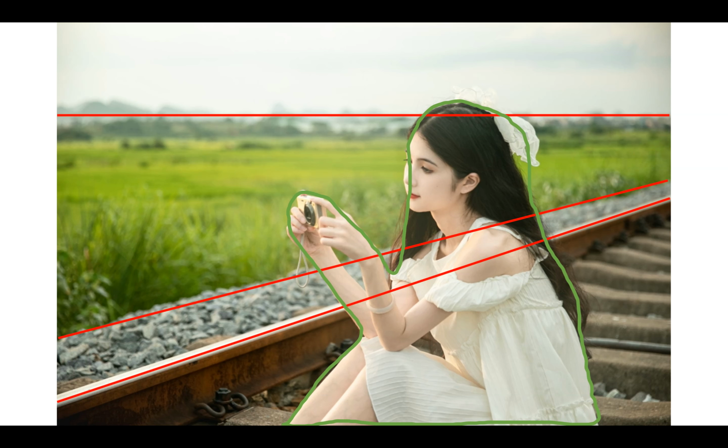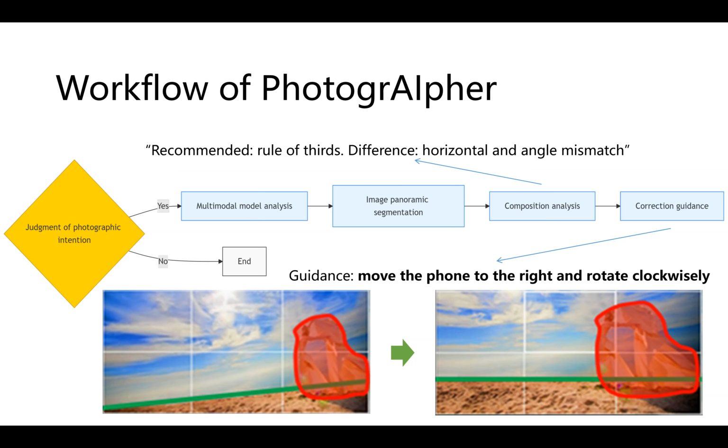The red line is the prominent line detected by the algorithm, and the region inside the green line is the main subject.